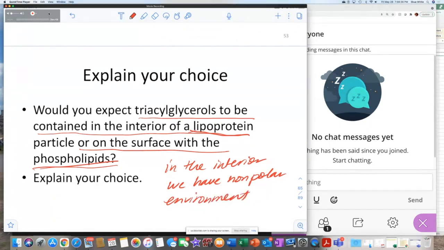So even though we haven't talked about the lipoprotein that much, the question here is, if something is going to be in the interior of a phospholipid, it has to be nonpolar, like the interior of the phospholipid itself, right? So is triacylglycerol polar or nonpolar?